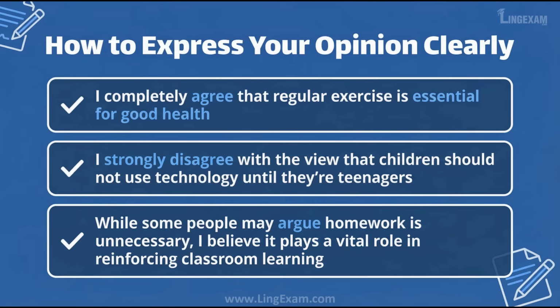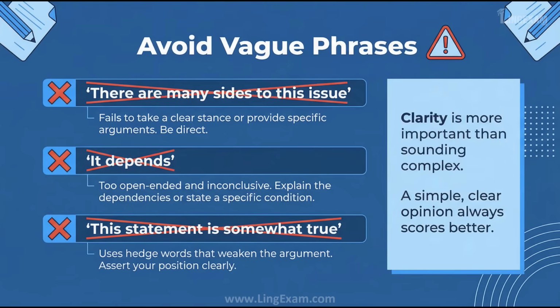"While some people may argue that homework is unnecessary, I believe it plays a vital role in reinforcing what students learn in class." This approach shows that you're aware of other perspectives, but you're still making your own position absolutely clear. What you want to avoid are vague phrases that don't really tell the examiner what you think.